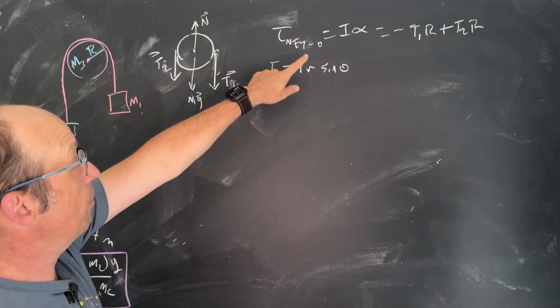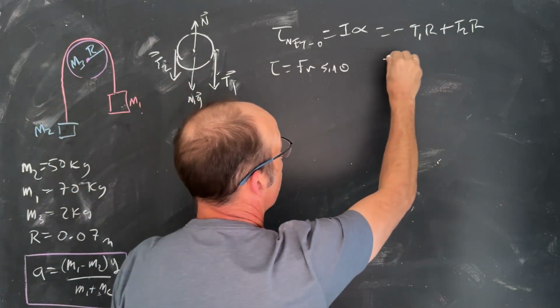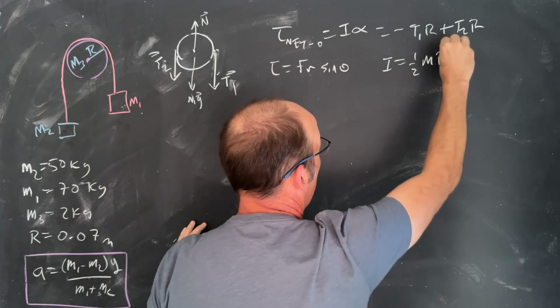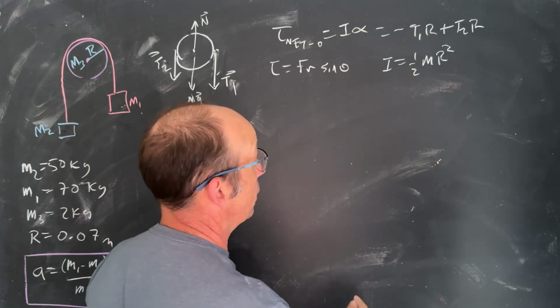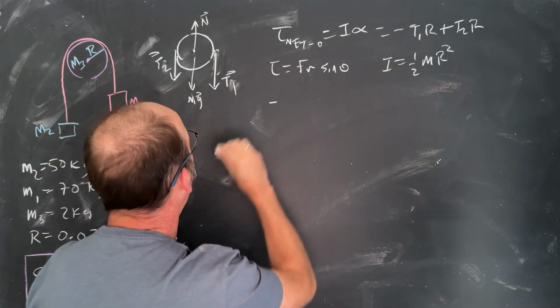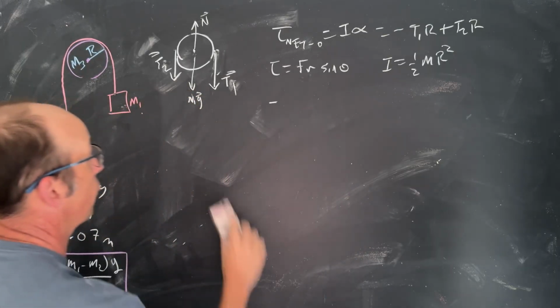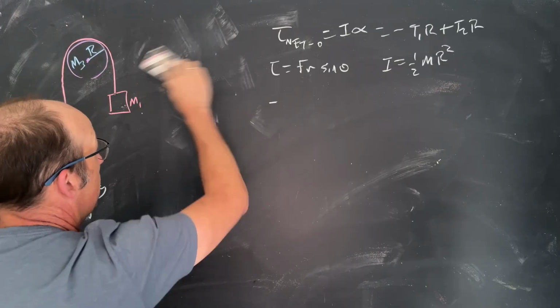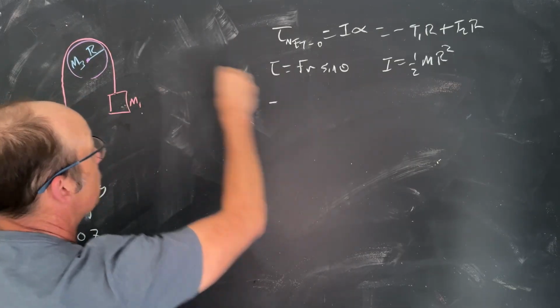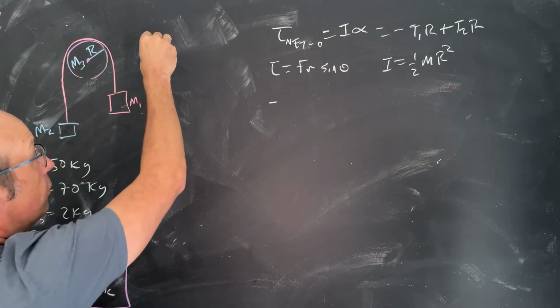Now we need to get the moment of inertia. The moment of inertia of a disk is 1/2 m r squared. And then we have the angular acceleration alpha. So if we put that all together, I'm going to run out of room, so I'm going to put it up here. And it's going to accelerate in the negative direction too.